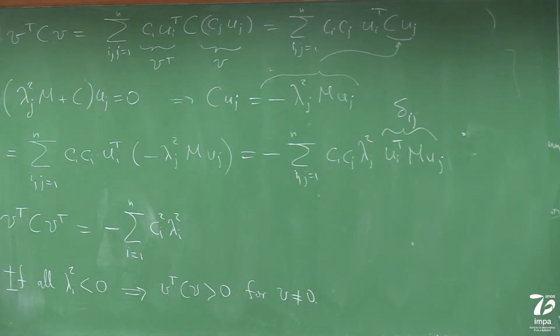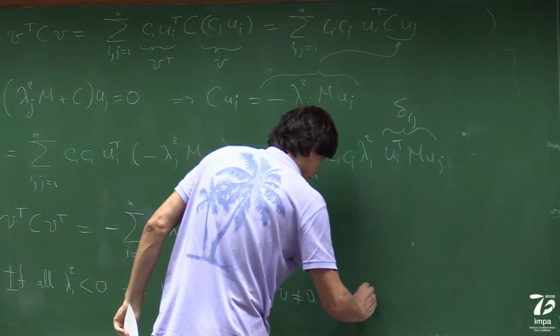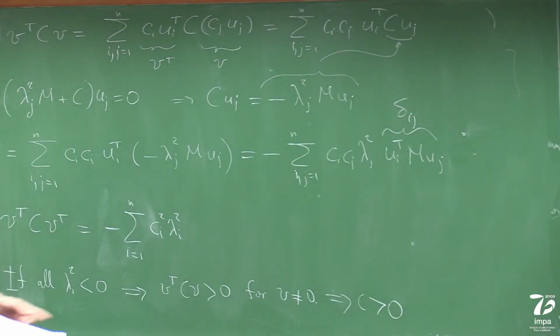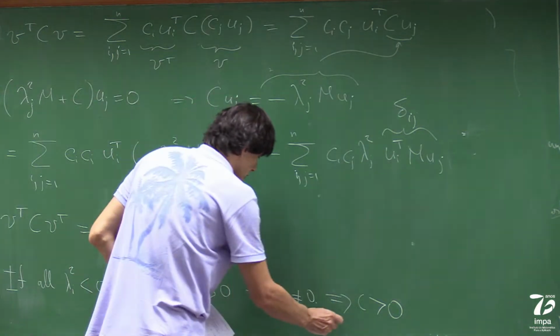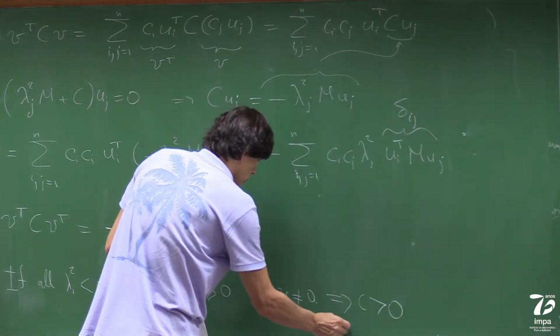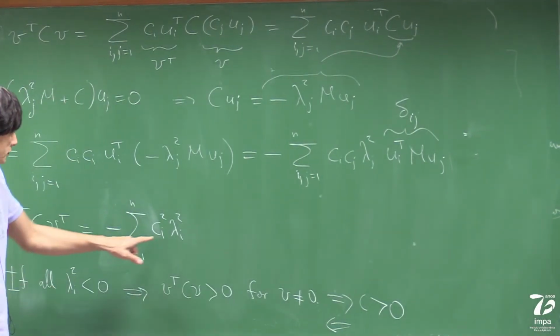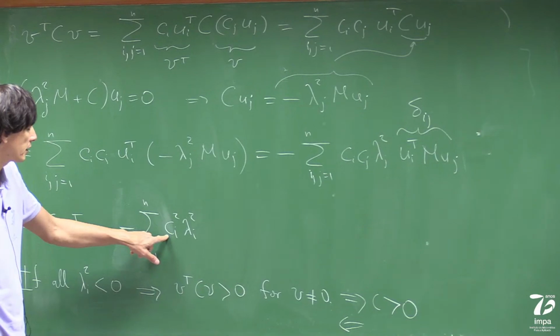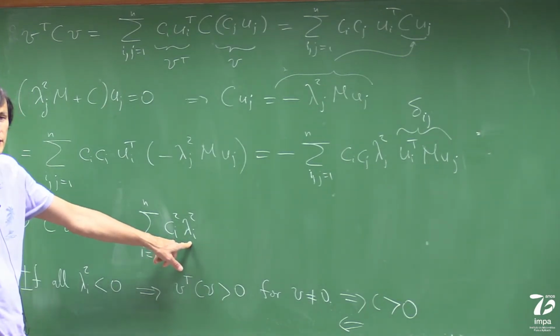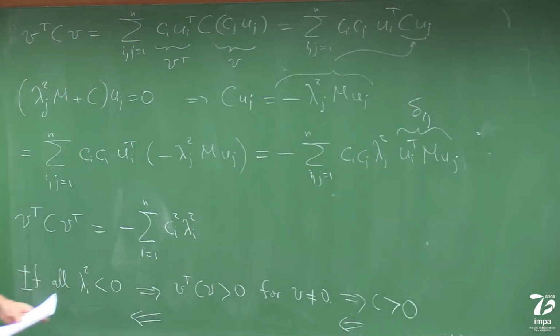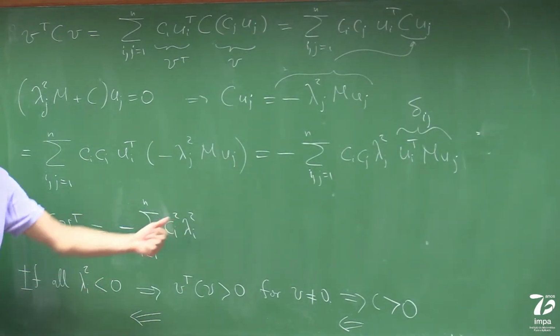So we proved that if this is true, C is positive definite. Now backwards. If C is positive definite, then this should be true. This is positive for any coefficients only if all lambda squared are negative. You get to this condition. So this is if and only if.